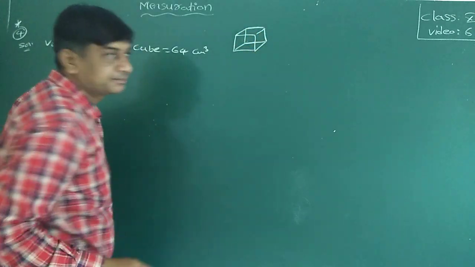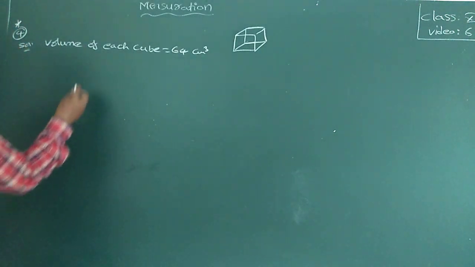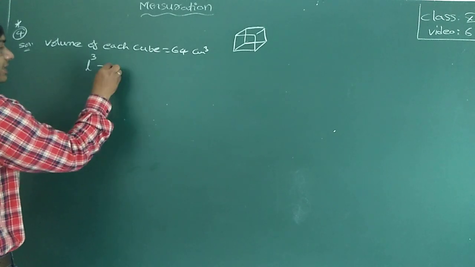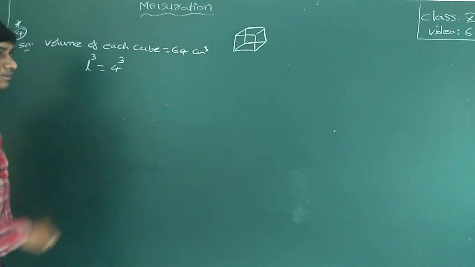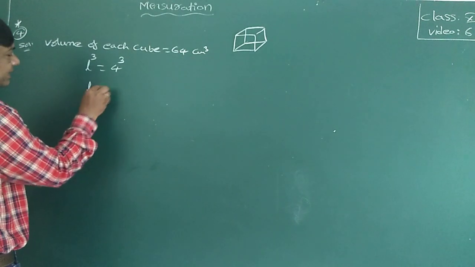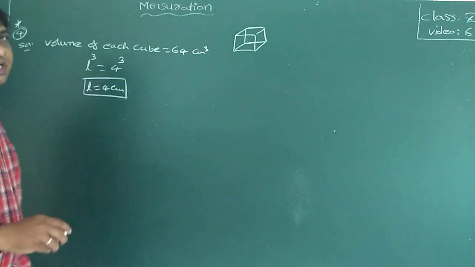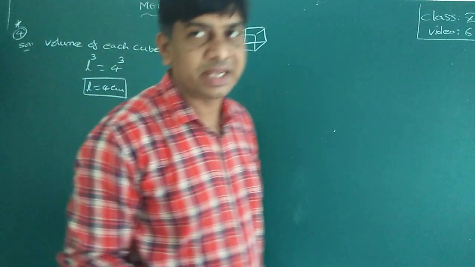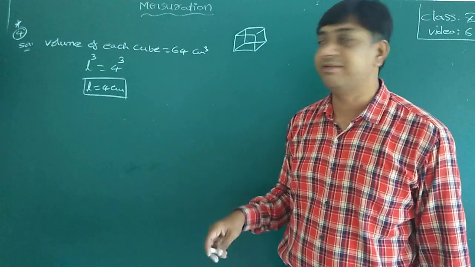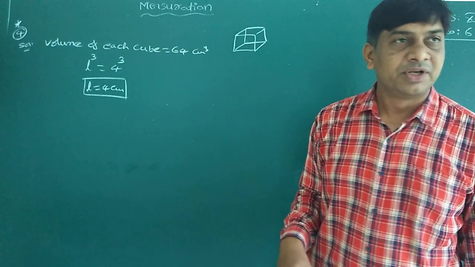For each cube the formula is L cube is equal to 64, which can be written as 4 cube. So L is equal to 4 centimeters. L cube is equal to 64 cubic centimeters, that is 64 can be written as 4 cube, so L is equal to 4 centimeters.